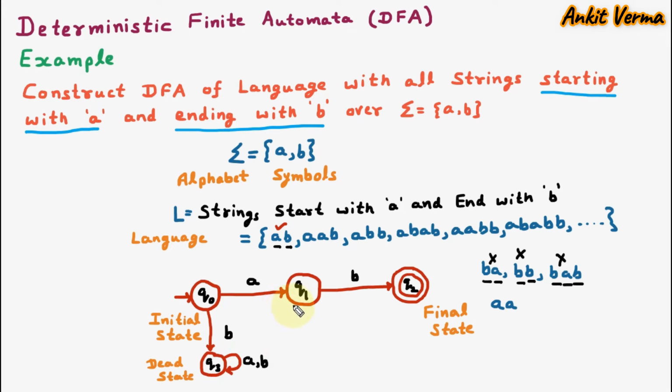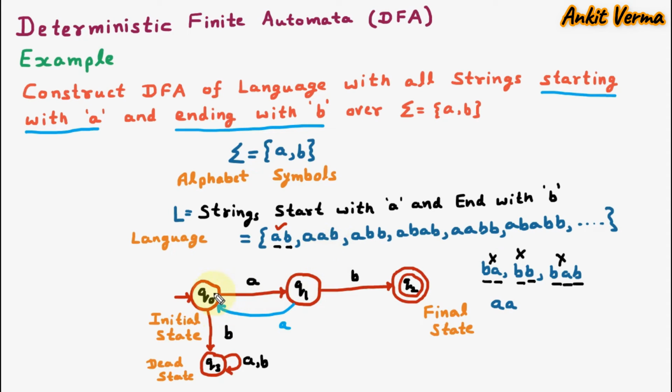There is one more possibility: we are on Q1 and if A is coming, then from Q1 we go back to Q0. To check this, we take the string AAB again. When A is coming, from Q0 we go to Q1. Then for the next A, from Q1 we go back to Q0.